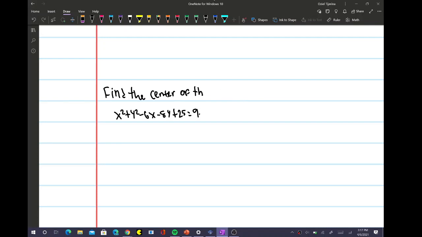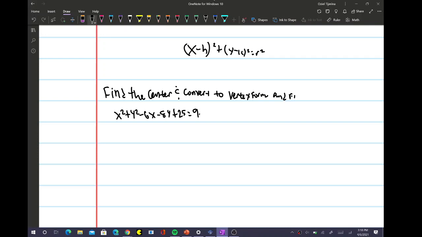So we want to find the center of this equation. Actually, yes, we are going to have to find the center, and convert it to the form, I forgot what it was called, vertex form, and find the radius.